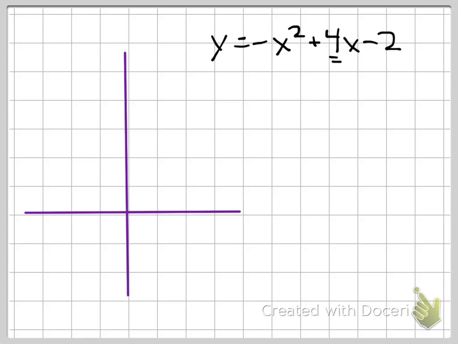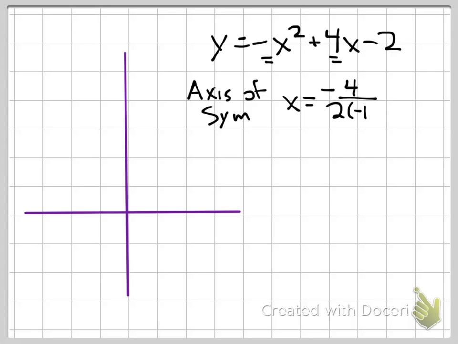So our b value is 4, our a value is negative 1. So our axis of symmetry is x equals negative 4 over 2 times negative 1, because that was, again, negative b over 2a. So we get here negative 4 over negative 2, which comes out to be positive 2.